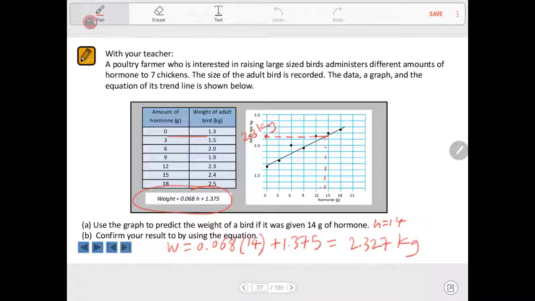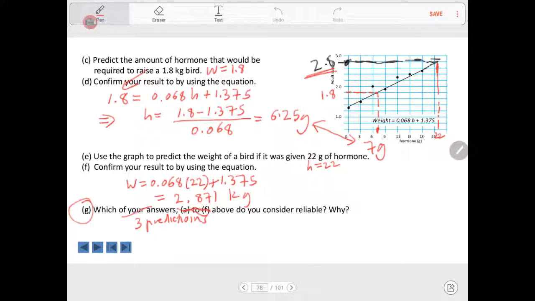So the least amount of hormone is 0 and the most amount is 18. So 14 sits within that. So that's an interpolation. So the first prediction, A/B, is reliable because it's an interpolation. It's within the bounds of the data.